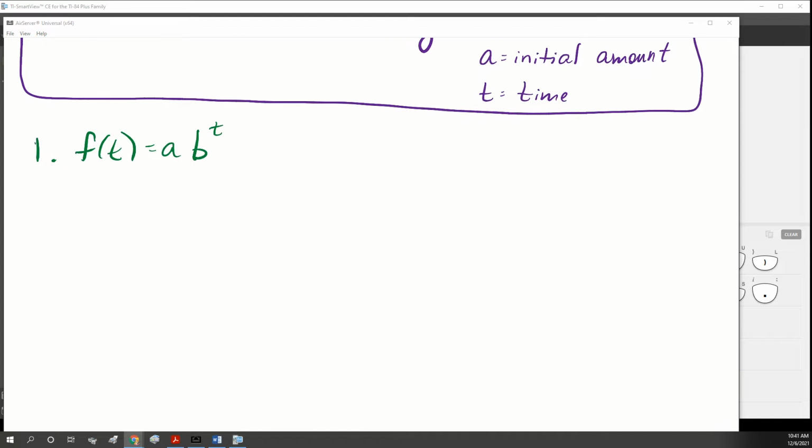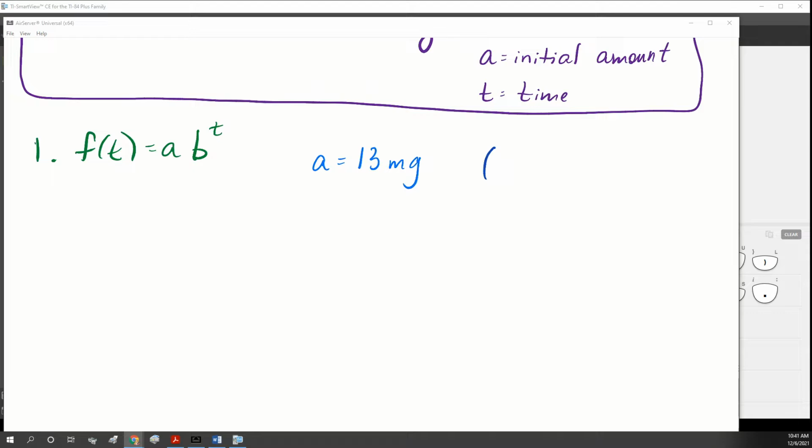And are we given any of these things already? Yeah, we know the initial amount is 13 milligrams. Okay, so out of the variables in the problem that we need to solve it, that's the one that we're given. But we're also given some additional information to help us find B. And that is actually, I'm going to write it as an ordered pair.